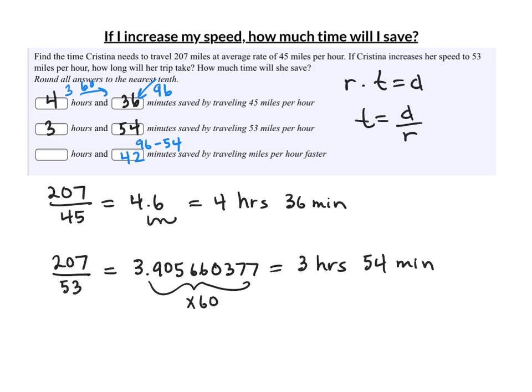And because we borrowed, 3 minus 3, there's 0 hours. So we end up saving 42 minutes by increasing our speed from 45 miles per hour to 53 miles per hour.